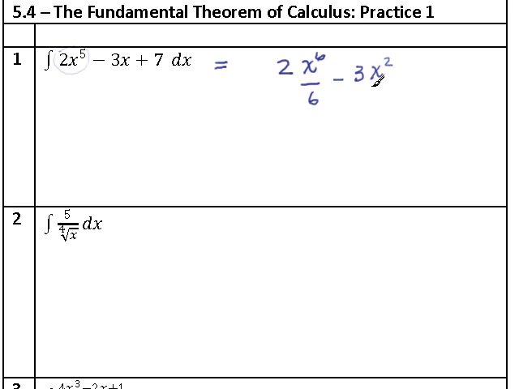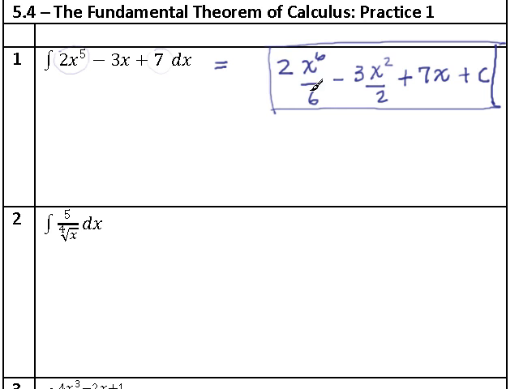Add 1, divide by the new exponent. And remember that the integral of a constant is the constant times x. Okay, here we can just reduce a little bit. Maybe I'll do that.